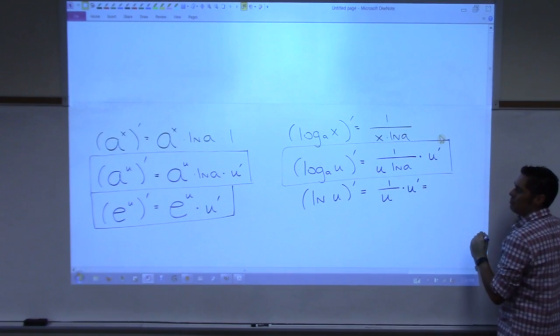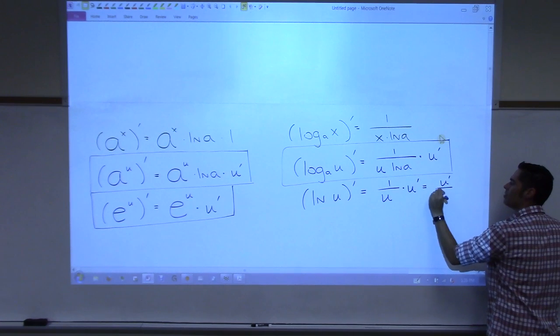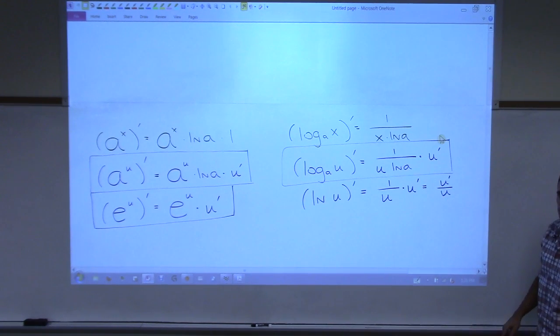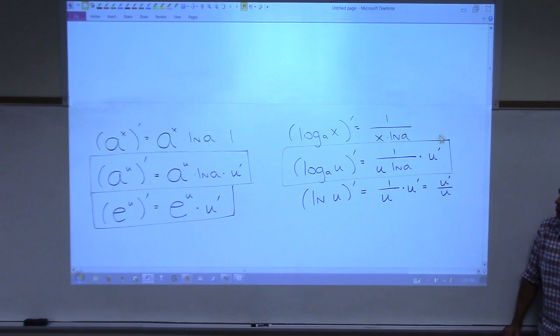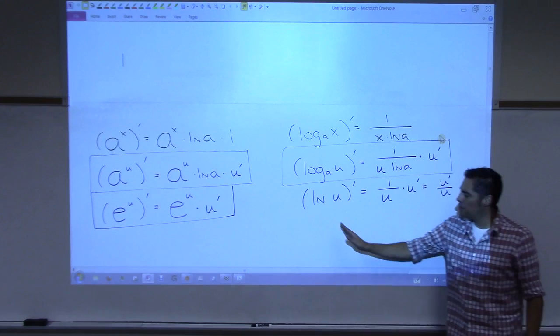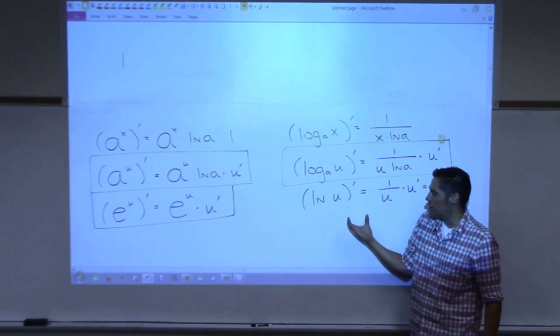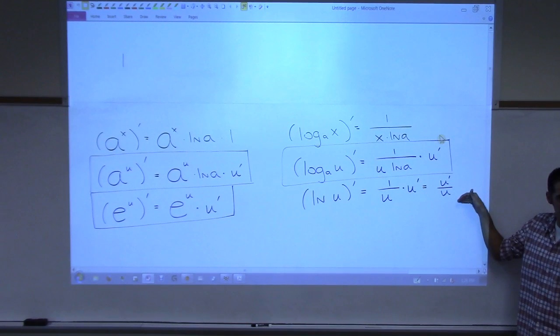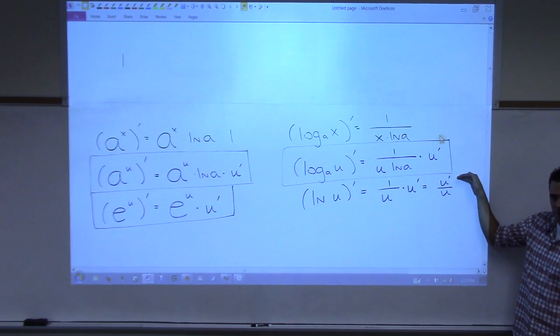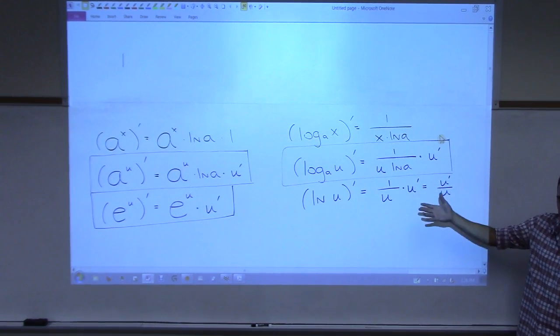And a lot of times, people will put the u prime on top of the u like that. Because that's what that is, right? Just pops up there. So if you have the natural log of some junk, the derivative of it is the derivative of the junk over the junk.